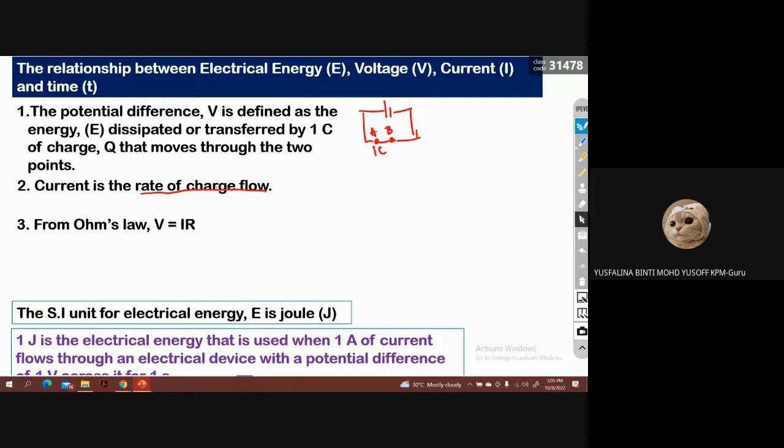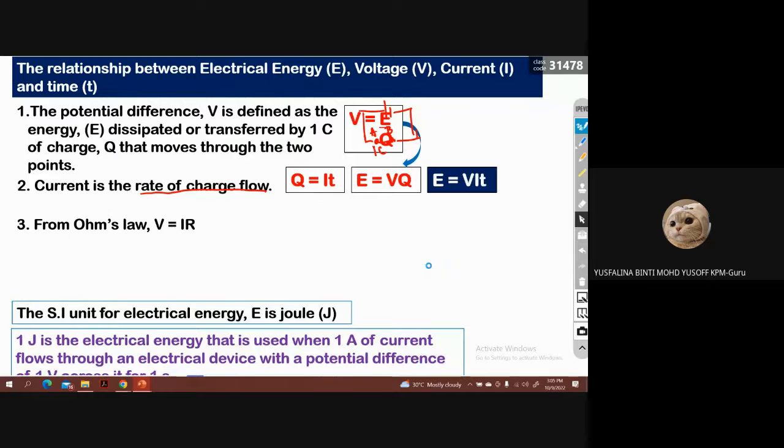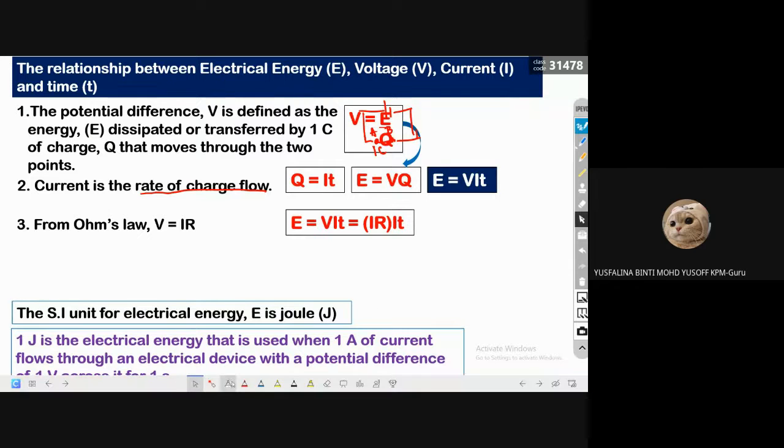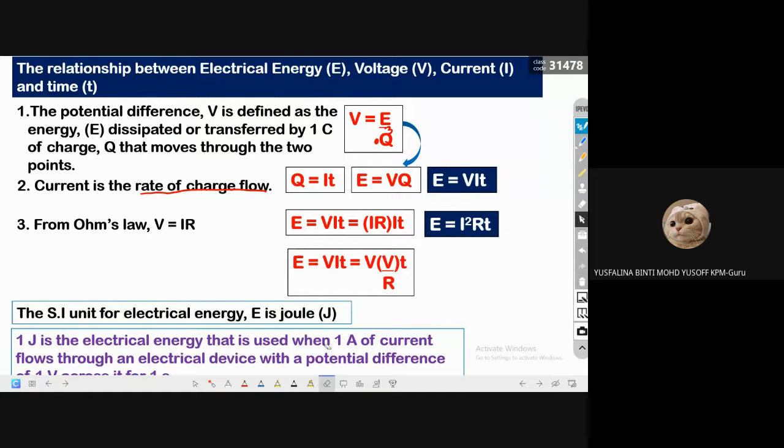So V equals IR. And V equals E over Q, which we already learned in 3.1. For this part, I erase this one first. Then V equals E over Q, and you already know that Q is charge, the rate of charge flow, that is I equals Q over T, so Q equals IT.